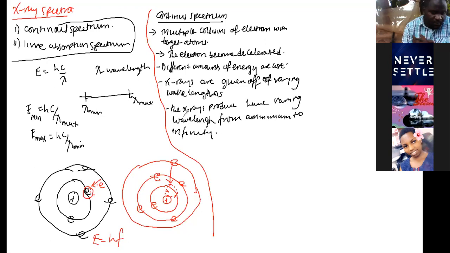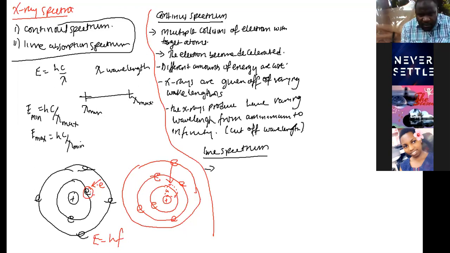So we can have the line spectrum. The highlights for the line spectrum include what? Actually, that minimum wavelength is what we call the cutoff wavelength.